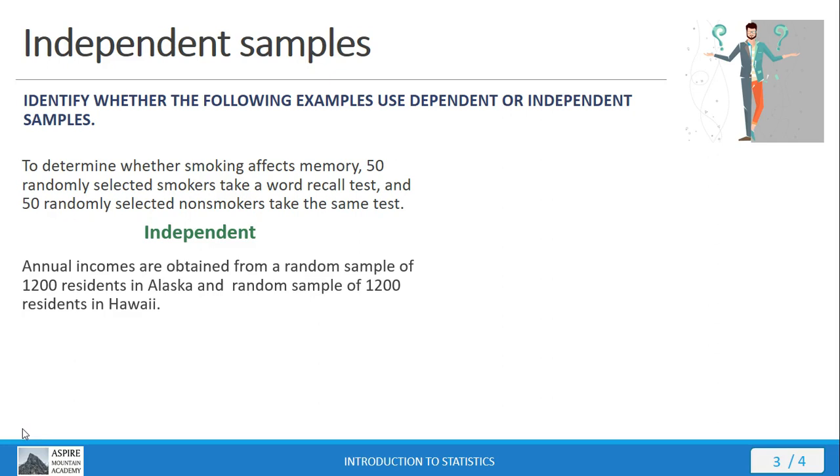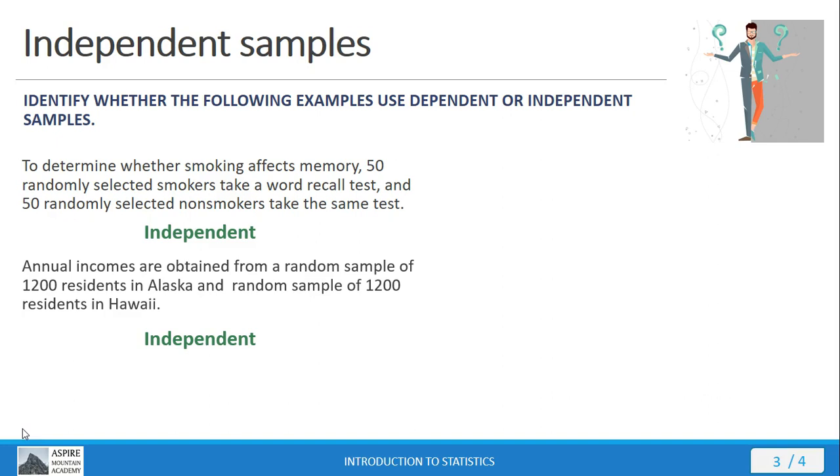Let's try this one. Annual incomes are obtained from a random sample of 1,200 residents in Alaska and a random sample of 1,200 residents in Hawaii. Dependent or independent samples? What say you? Again, we have an example of independent samples.